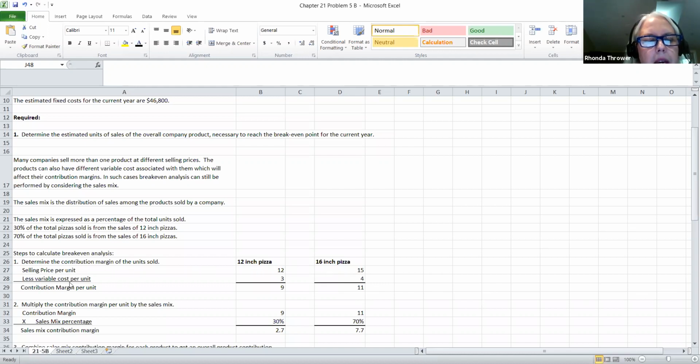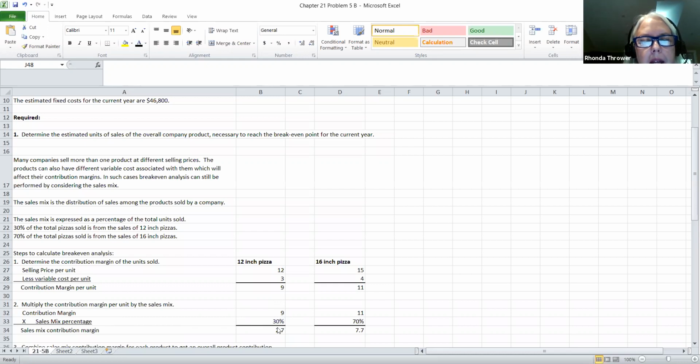The second step in calculating the break-even analysis is to multiply the contribution margin per unit by the sales mix percentage. And so we're going to take our contribution margin that we found for our 12-inch pizzas, which was $9. We're going to multiply it by the sales mix percentage that was given to us in this problem, which is 30%.